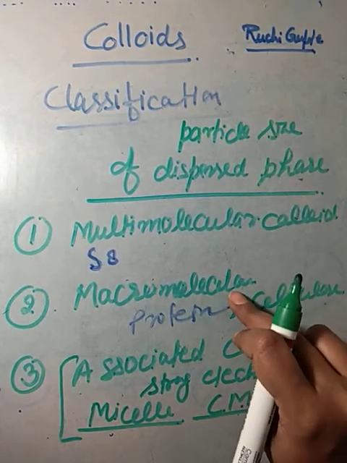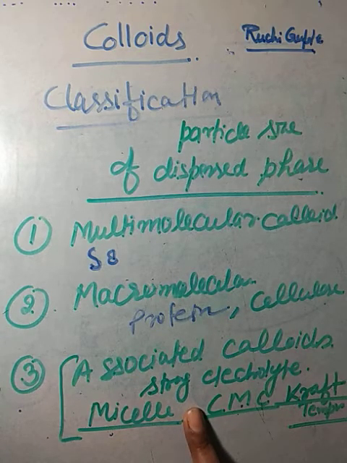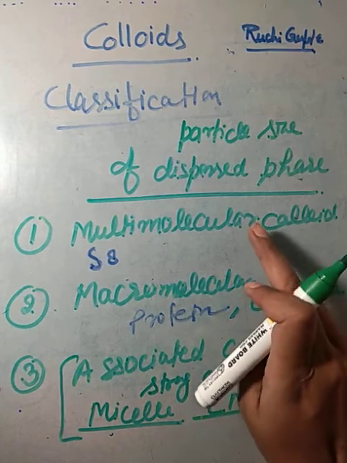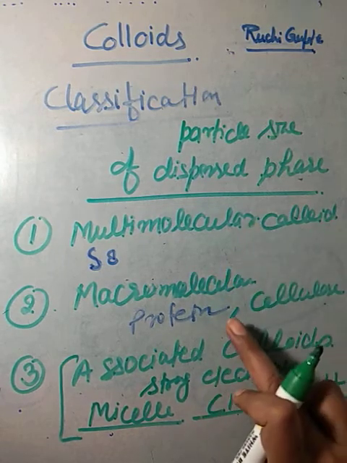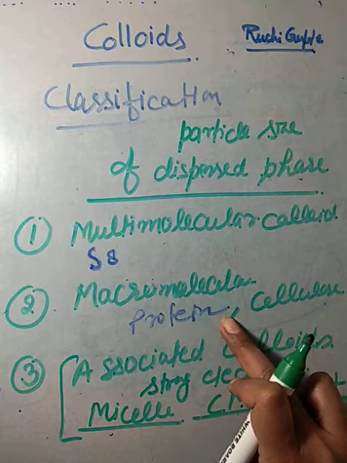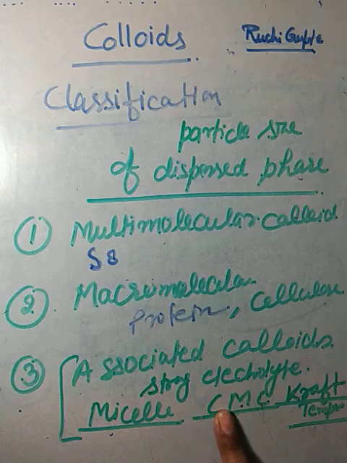Macromolecules have high molecular masses. Their atoms are held together by weak van der Waals forces. Due to long chains, the van der Waals forces holding them are comparatively stronger. Higher is the concentration, greater is the van der Waals force of attraction. So these are the three types of colloids.